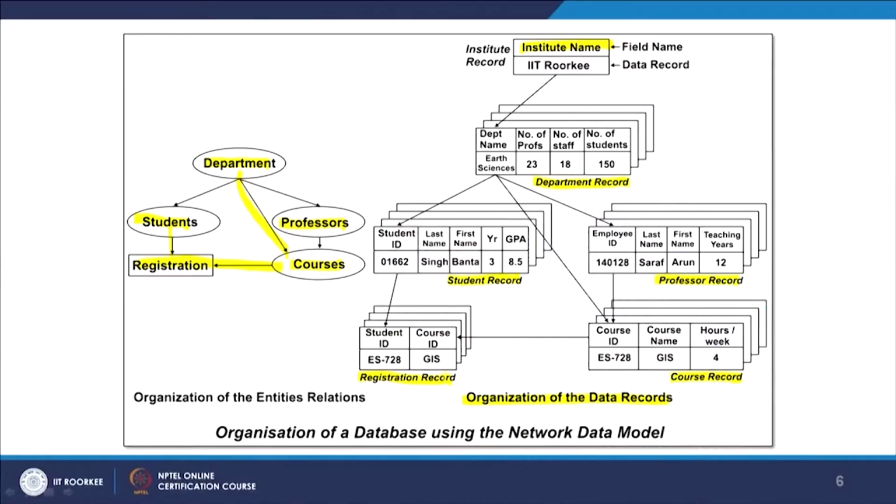But what is additional is the registration record, which is kept here about each course, and students' data is linked. So this linkage will provide some additional information and additional access and network links also. So here the department is directly linked with the courses, the department is also directly linked with the students, and the department is directly linked with the faculty also.